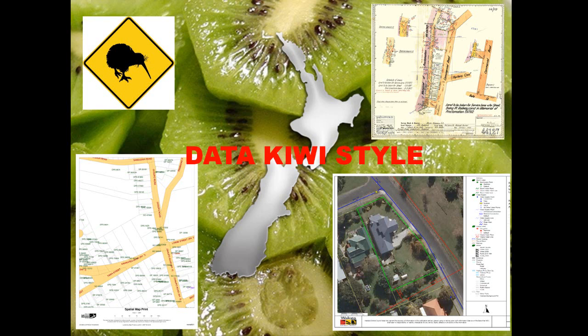So your local councils do have various bits of information about your property, about the area, about services. This varies across the country depending on the local authority, depending on the number of ratepayers and how much money and funds they have at their disposal.